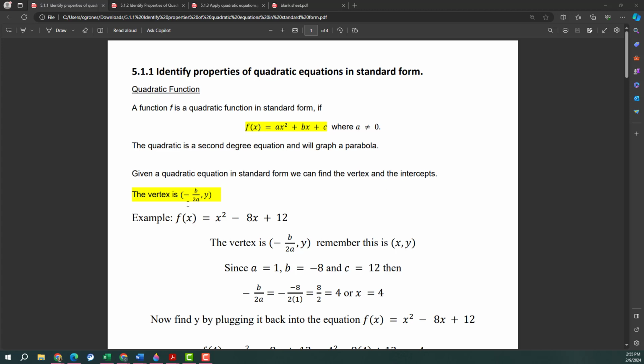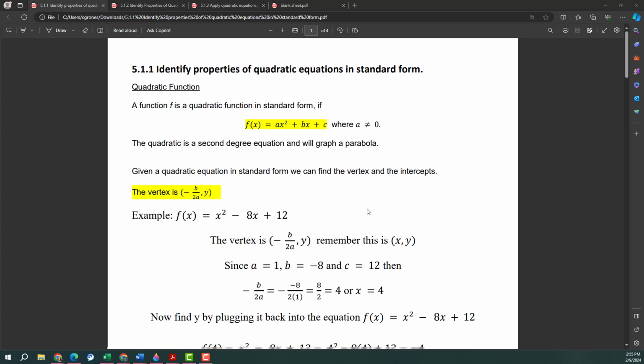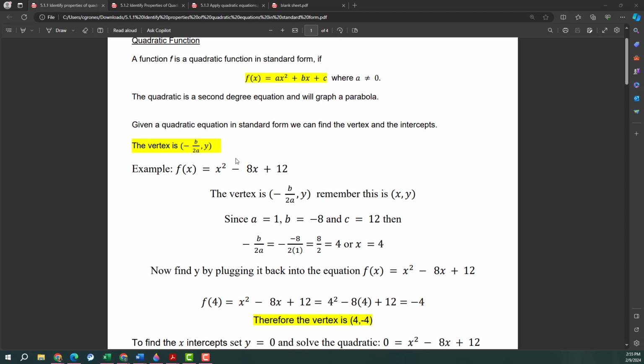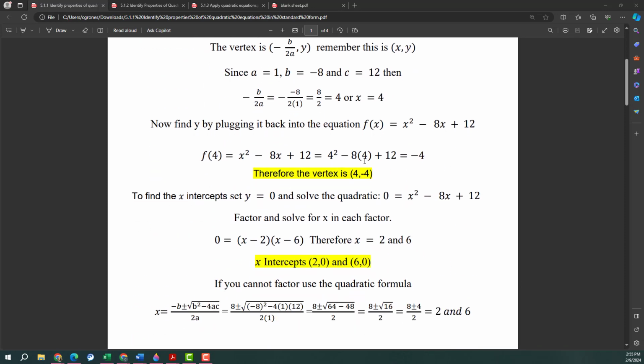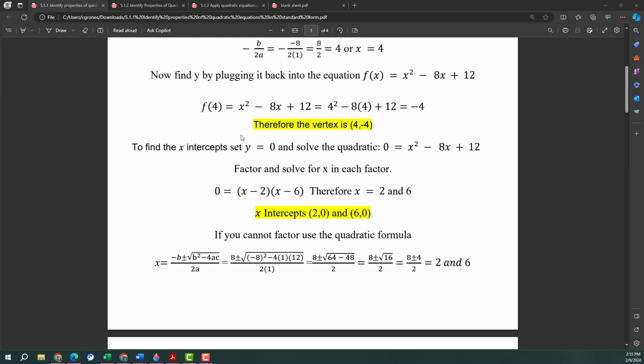The vertex is going to be this right here in the highlighted part. We've got negative b over 2a comma y. And there are a couple of examples that you can look at. Finding the vertex, and then the x and y intercepts.